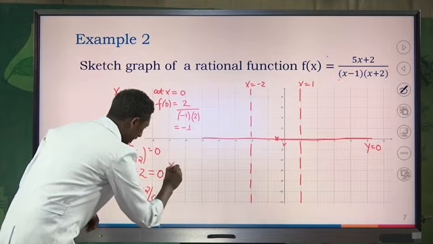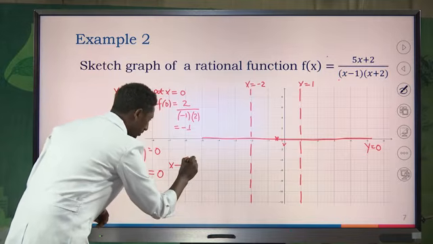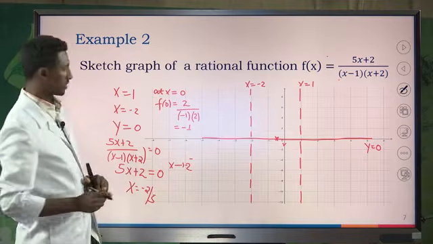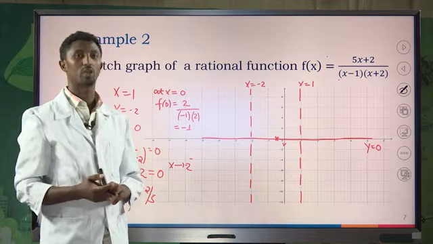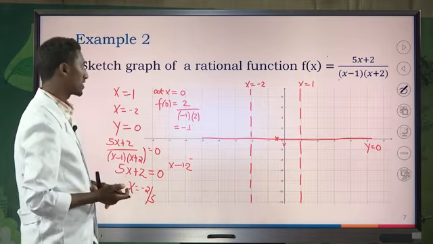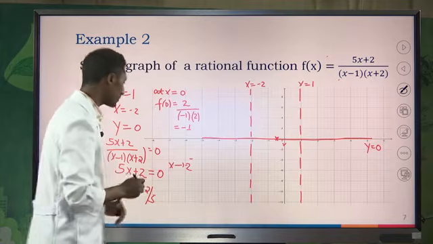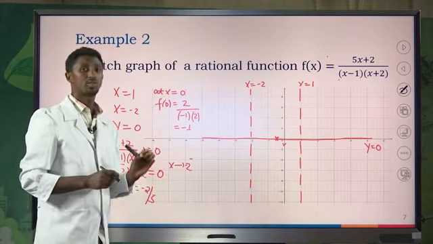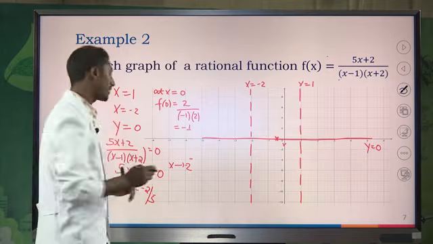As x gets closer to minus 2 from the left, what will happen to the graph? Is it closer to positive infinity or closer to minus infinity? To identify this, substitute some number x which is closer to minus 2 from the left.